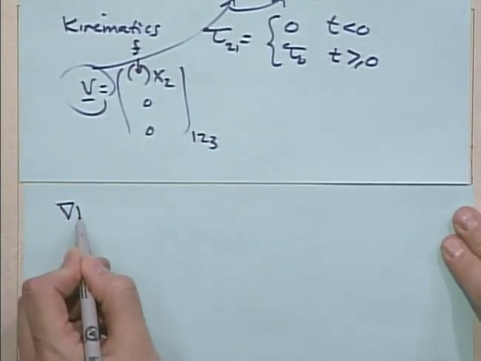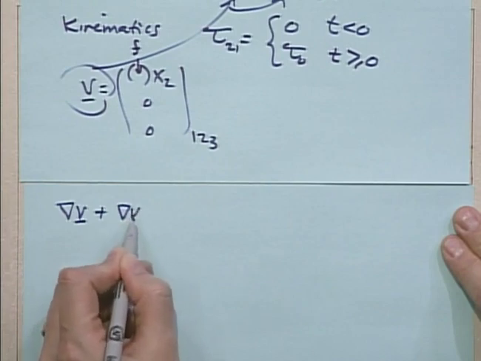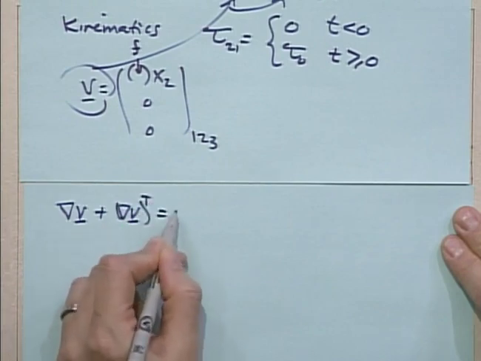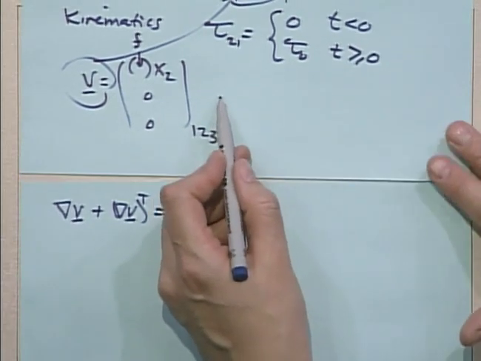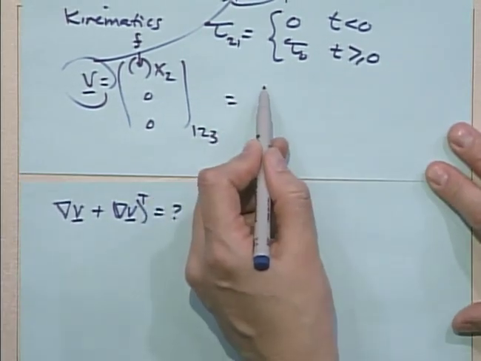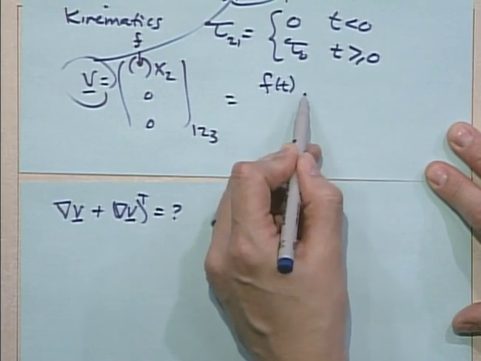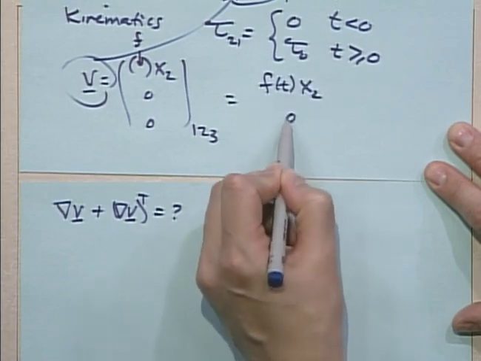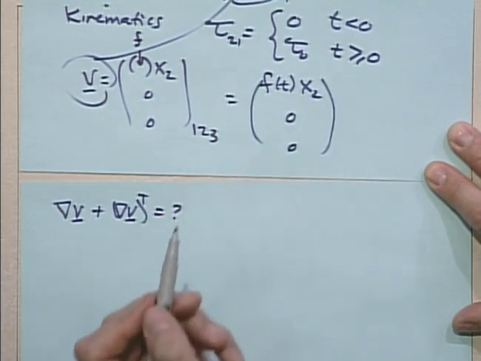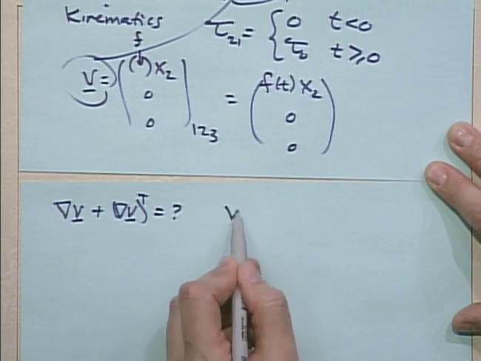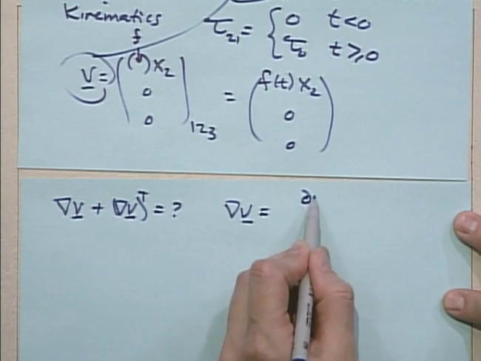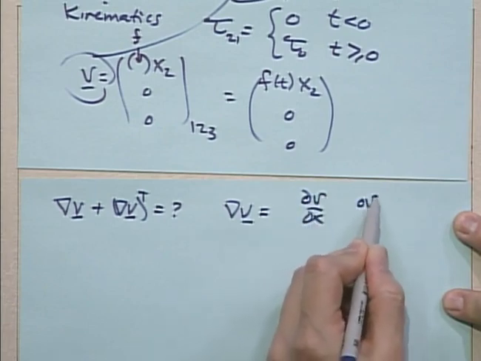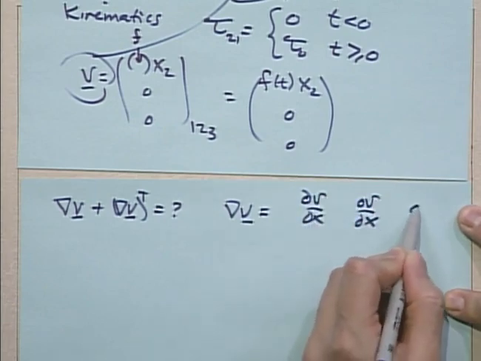Del V plus del V transpose. So we need del V. If V is f of t, some function of time, x2, 0, 0, then del V is the same as it's always been, dv_j dx_i.